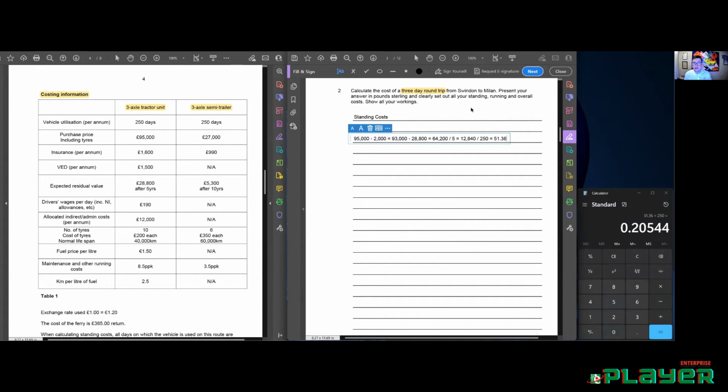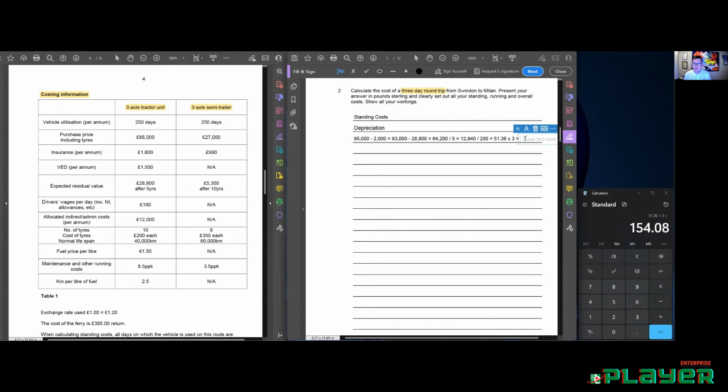Now, once I've got that as a daily cost, that's my lowest denomination for that particular cost. I need to now times that by 3 because it's a 3-day trip. £51.36 times 3 equals £154.08.